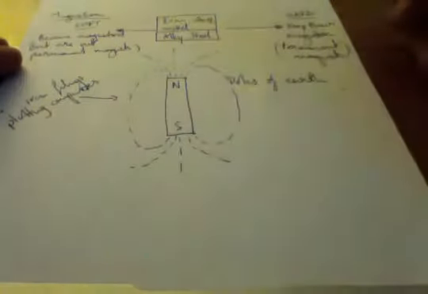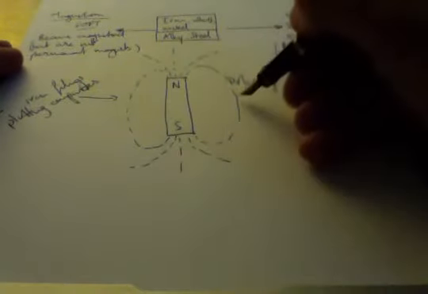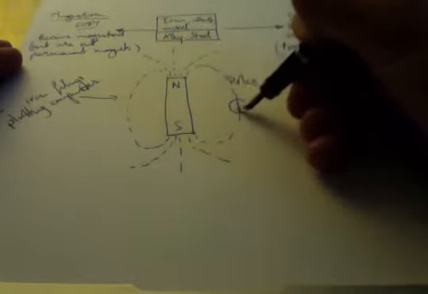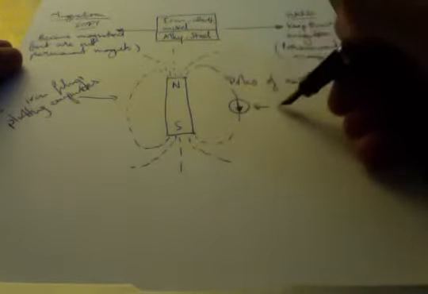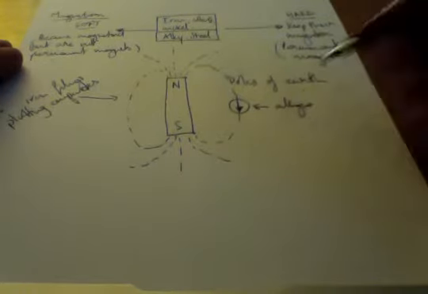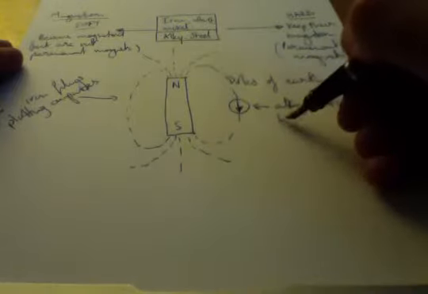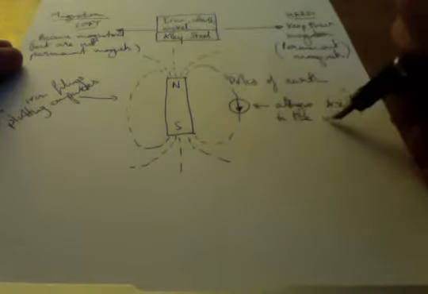Two ways of doing it. The iron filings I'm sure you've seen. However, the plotting compasses are small little compasses which have a little arrow, and the arrow aligns itself to the magnetic field.